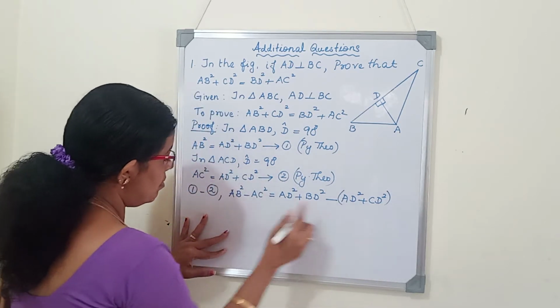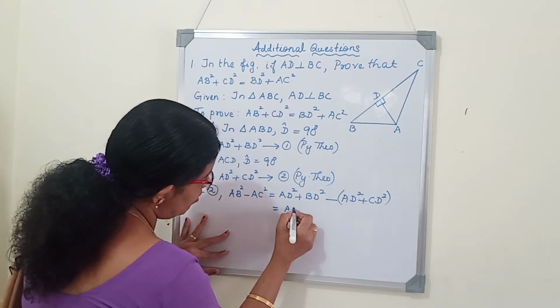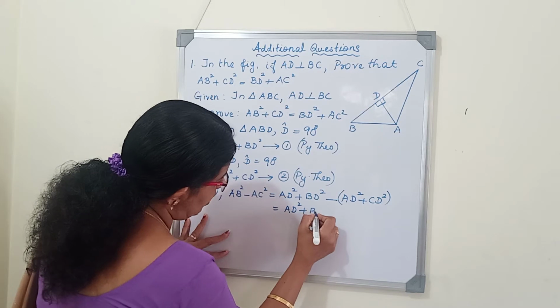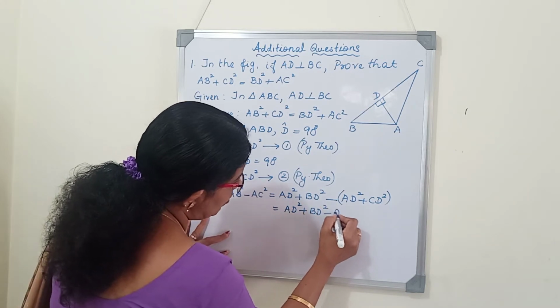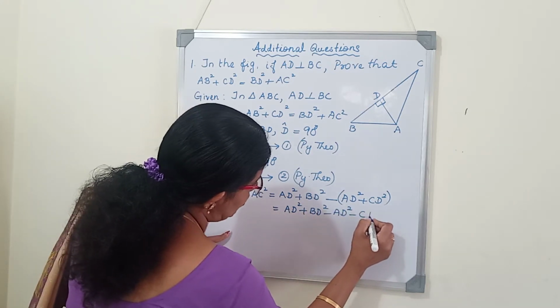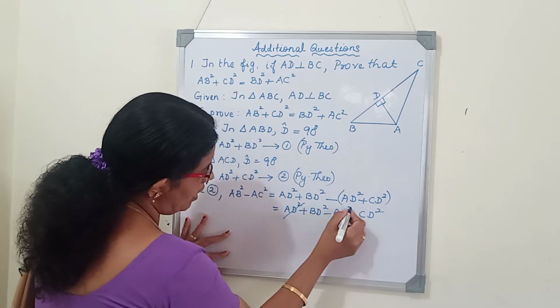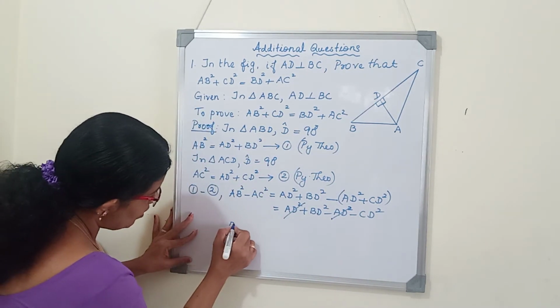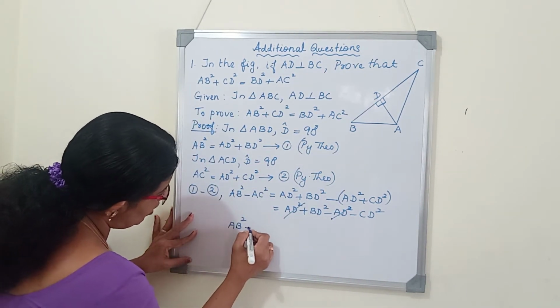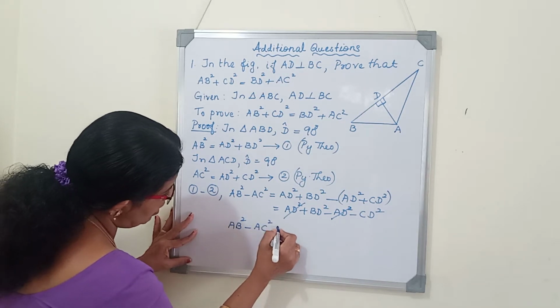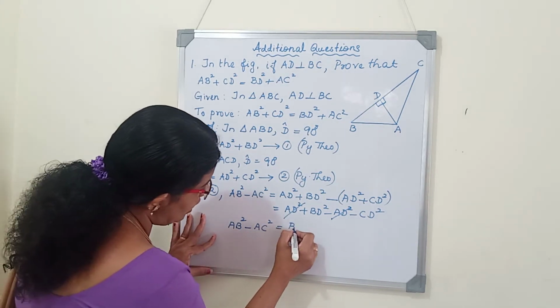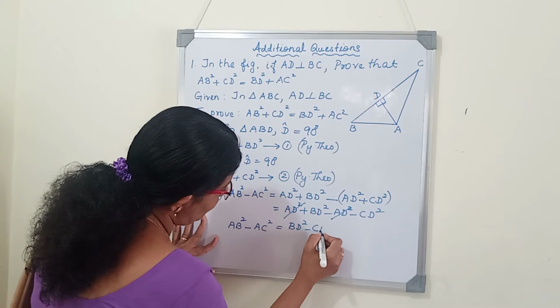More than one term, put the bracket. Now open the bracket: AD square plus BD square minus AD square minus CD square. So AD square and minus AD square will cancel. The remaining terms: AB square minus AC square equals BD square minus CD square.